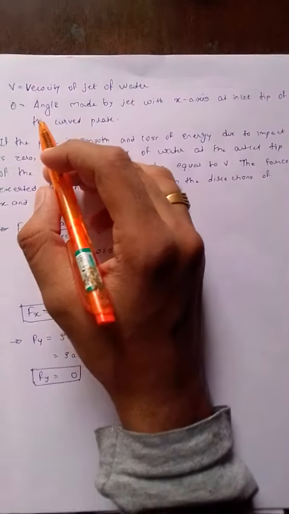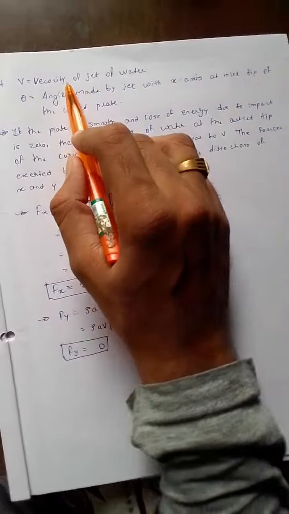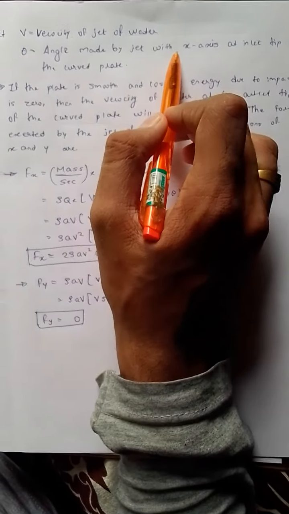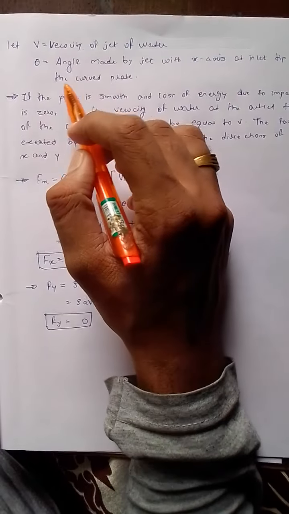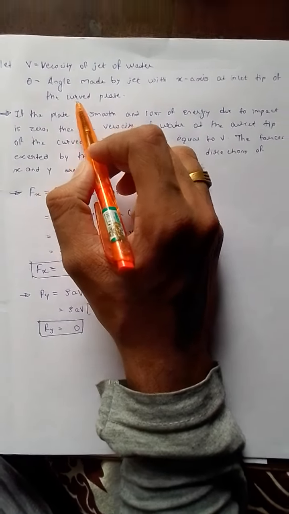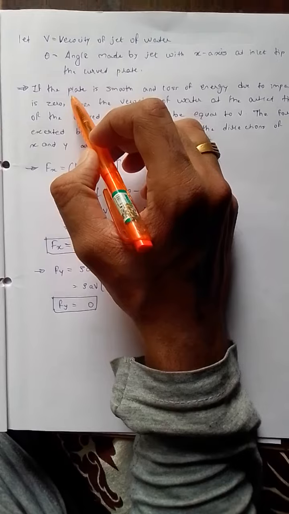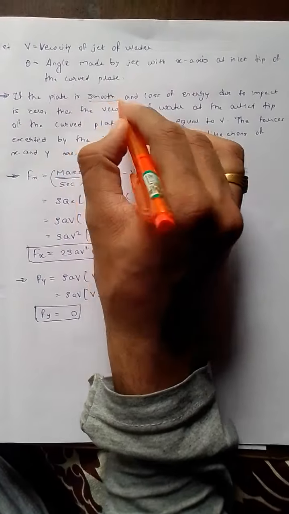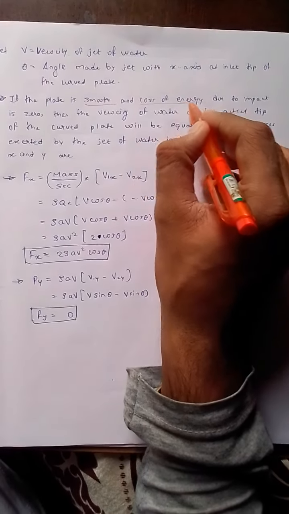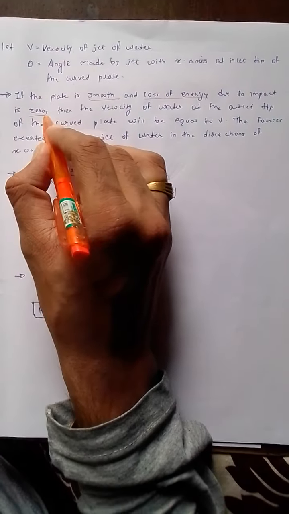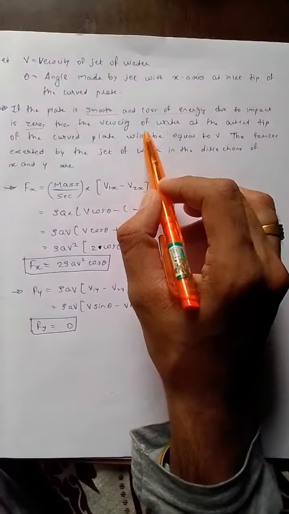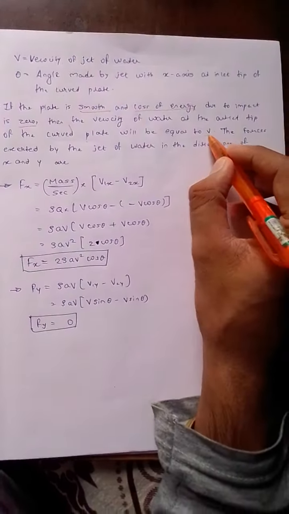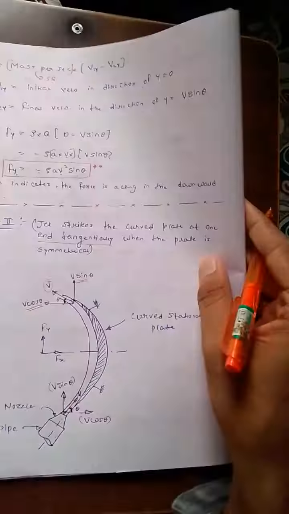As you can see here, v is the velocity of the jet of water and theta is the angle made by the jet with the x-axis at the inlet tip of the curved plate. If the plate is smooth and the loss of energy due to impact is zero, then the velocity of water at the outlet tip of the curved plate will be equal to v.